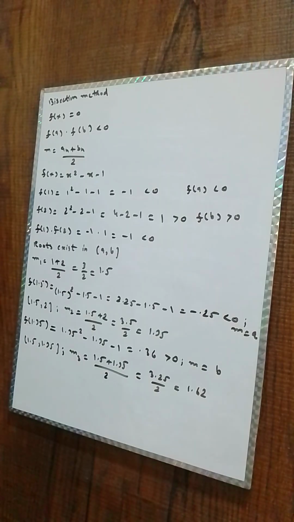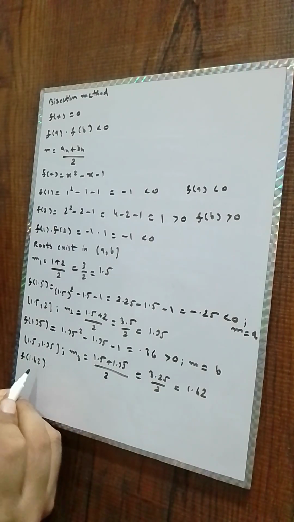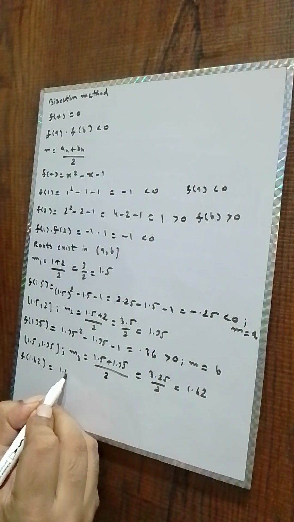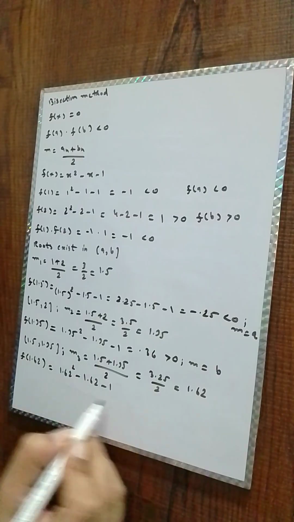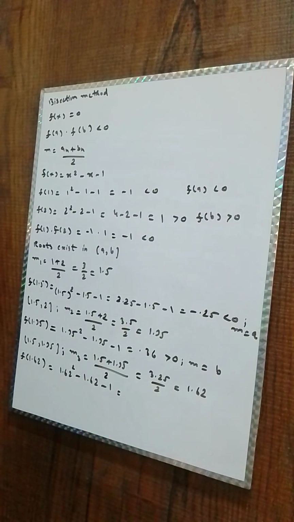Okay, so a point inside this interval, the mean, and then we estimate the value of the function at this point. The interval has contracted, and the situation becomes 1.62 square minus 1.62 minus 1. Yes, so the situation roughly now is the use of a calculator.